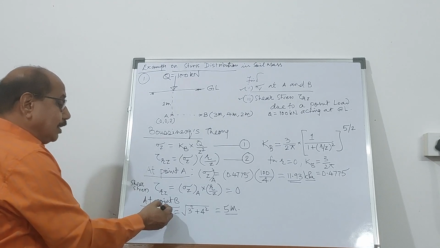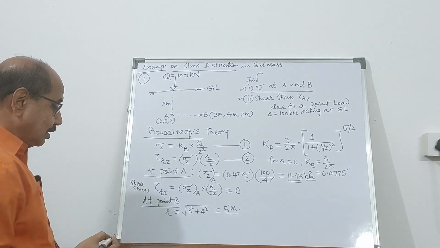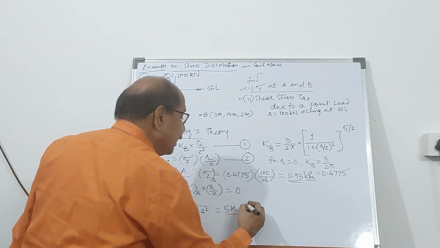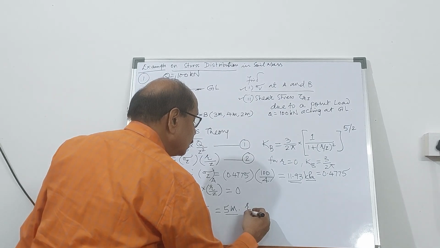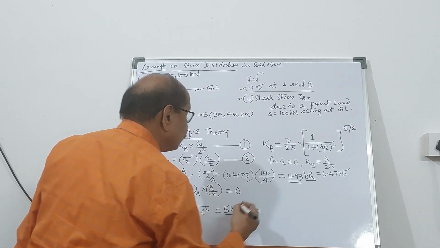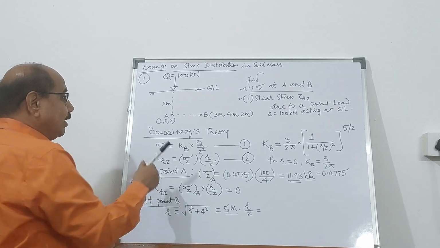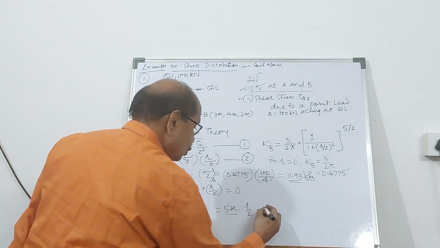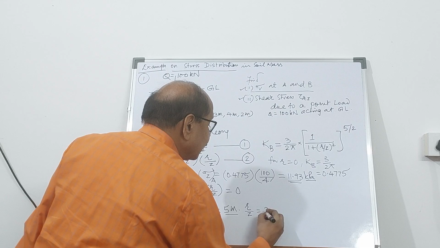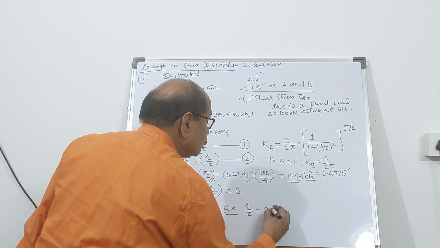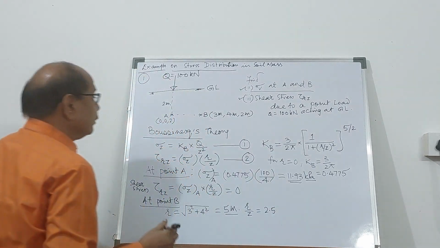So you have got the value of R, and therefore you can calculate R by Z. Z is 2 meter, so R by Z becomes 2.5.